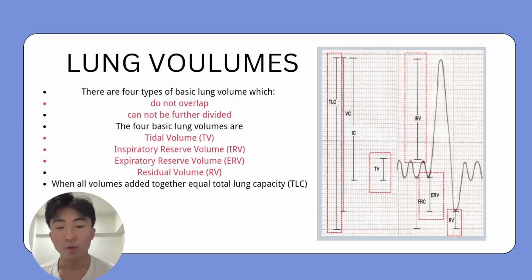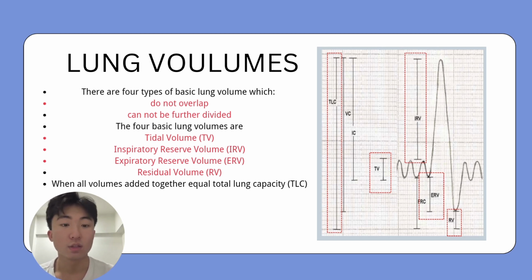Hello, doctor. Now I want to explain the table. So let me see what's the TV. The TV refers to the amount of air inhaled or exhaled during normal breathing. And what's the IRV? IRV refers to the maximum amount of air that can be inhaled after a normal exhalation.